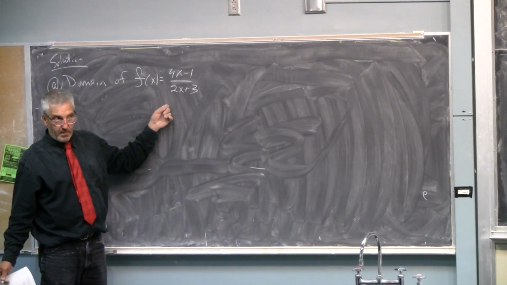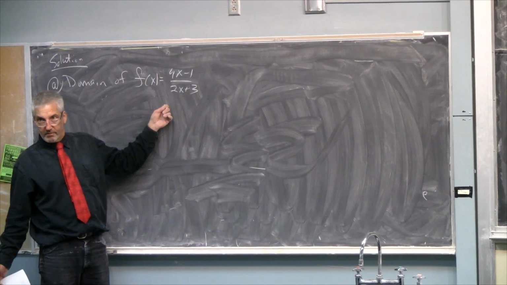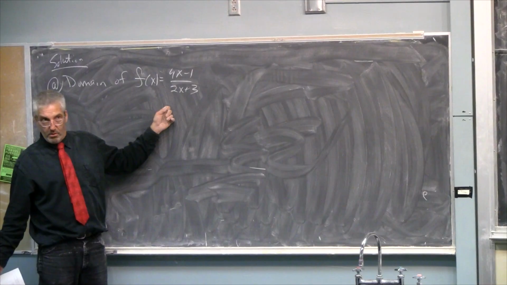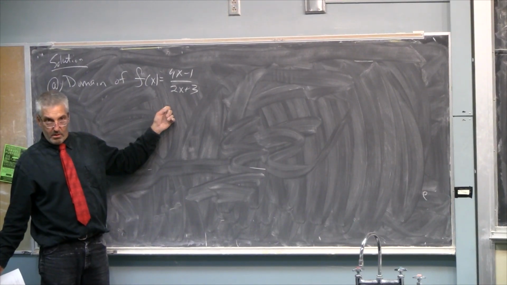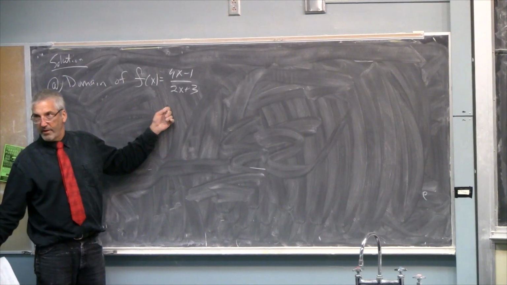Can anybody spot a bad x value that would not give me a y value? What could go wrong when you're trying to compute a y value?